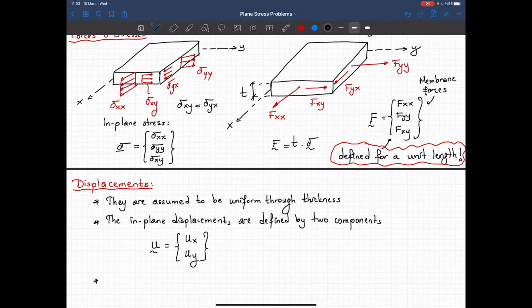But this doesn't mean that we don't have any deformation or displacement in the z direction. So the deformation in z direction is non-zero. Why? Because of the Poisson effect.